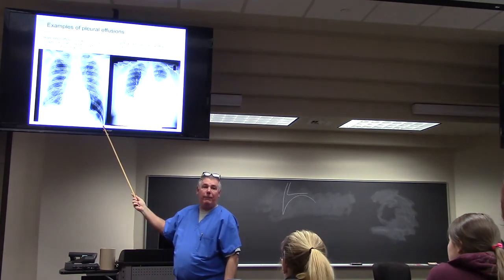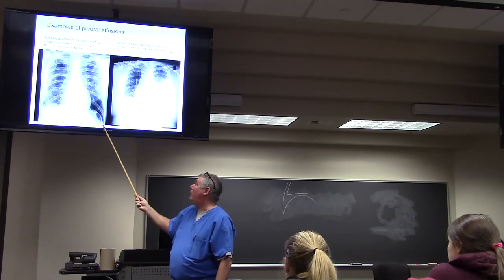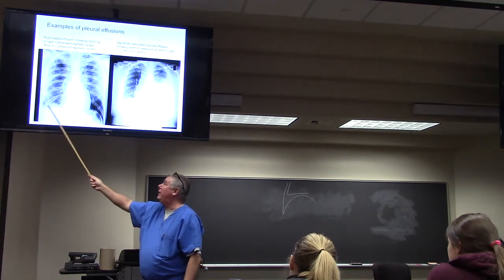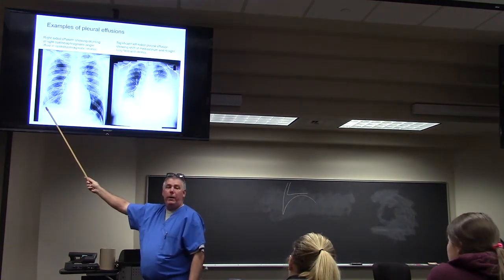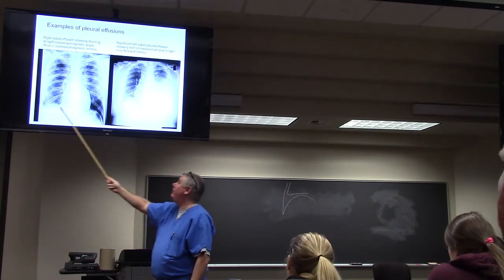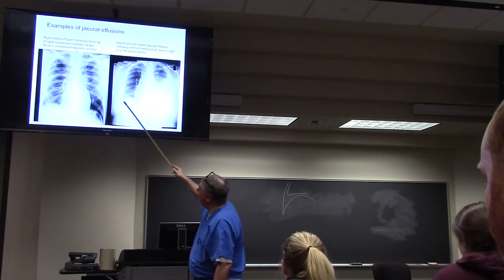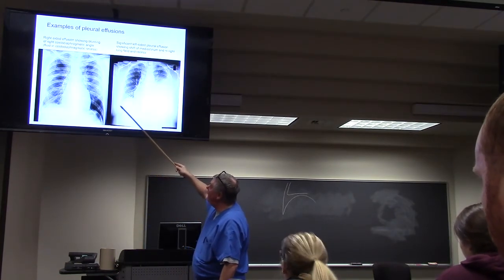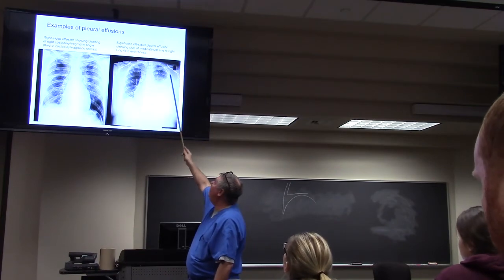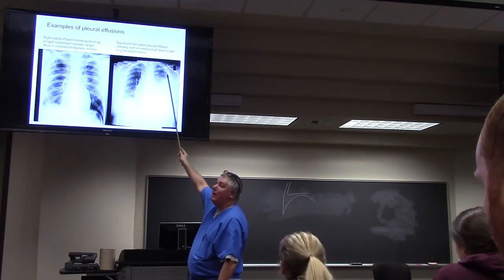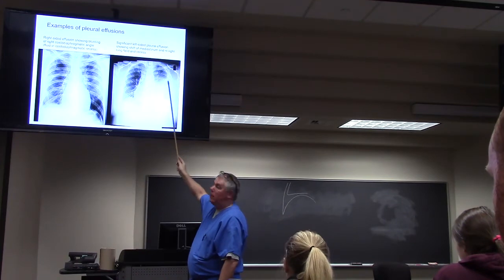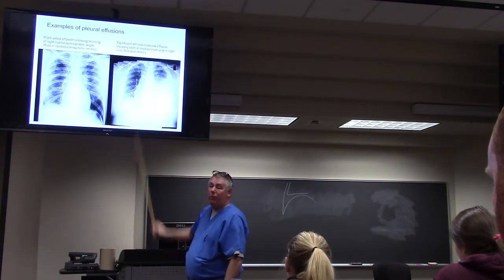The costodiaphragmatic angle is sharp. Over here, it's blunted. There's fluid on the right. If you look at this illustration, you can see that there's a sharp angle right there, but there's so much fluid on the left, you actually have a meniscus of fluid.